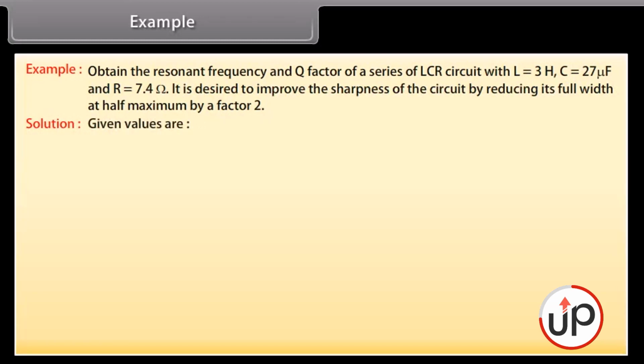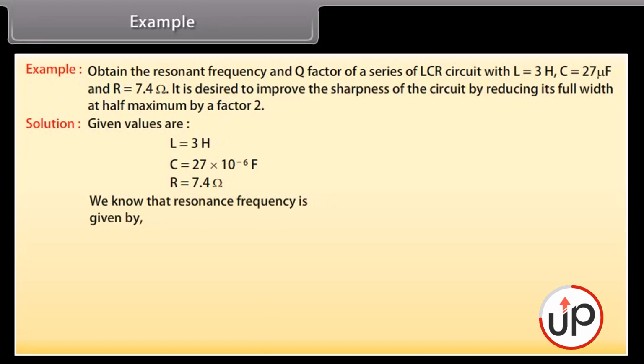Let's see the solution. Given values are L equal to 3 Henry, C equal to 27 into 10 raised to the power minus 6 farad, R equal to 7.4 ohm. We know that resonance frequency is given by 1 upon under root LC.